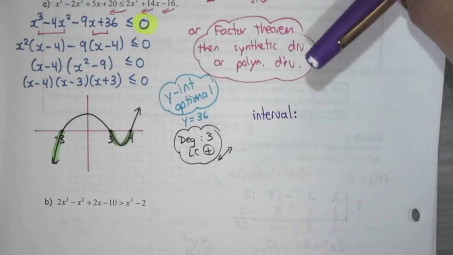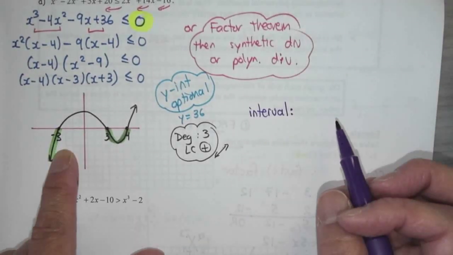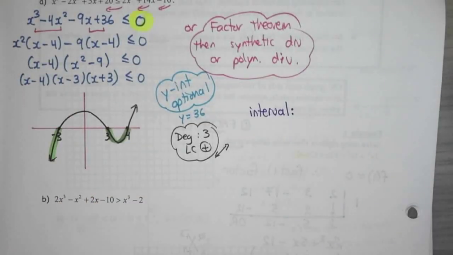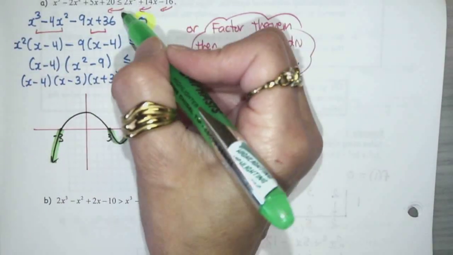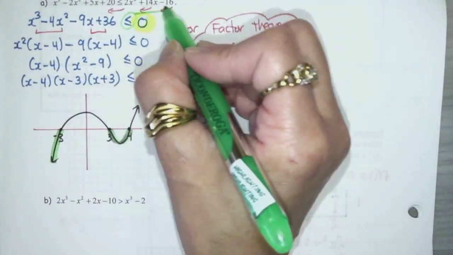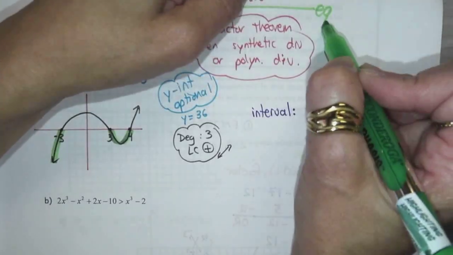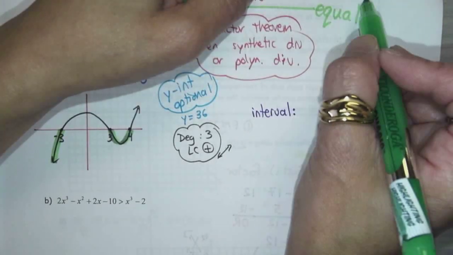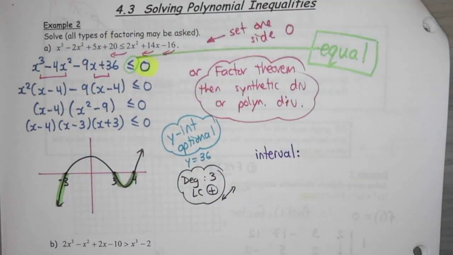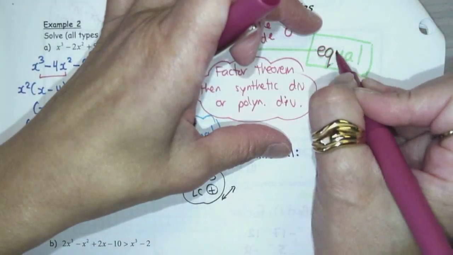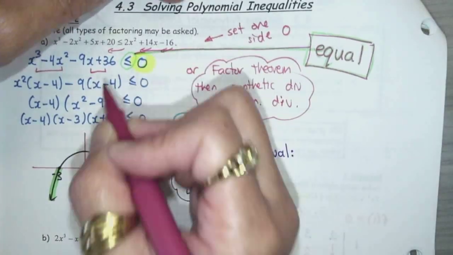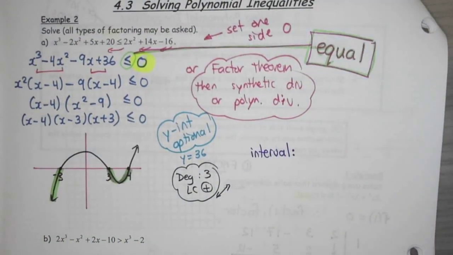Okay, so for my interval notation, I've got less than, and again, is it equal to or not equal to? Go back to this here, all the way through. So this is going to be equal to. I look at the beginning of the question to see if it's less than or equal or less than.